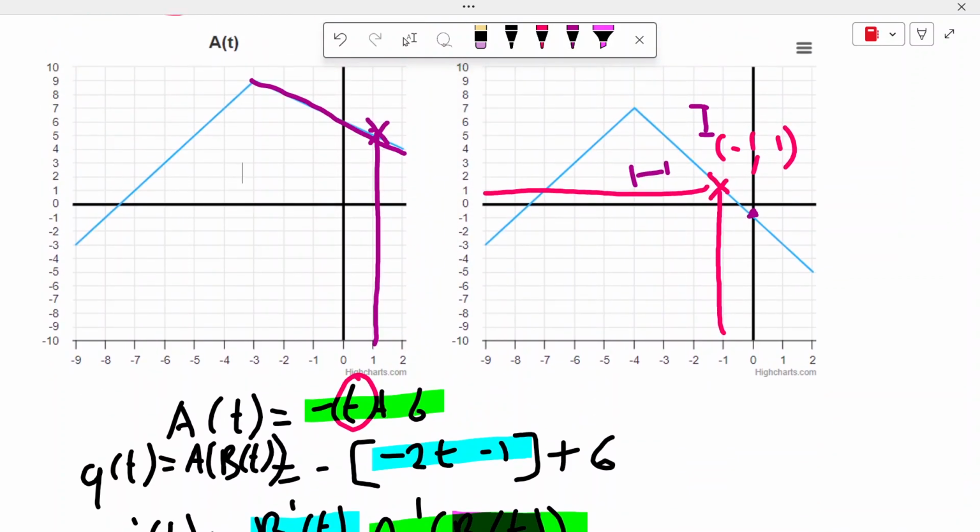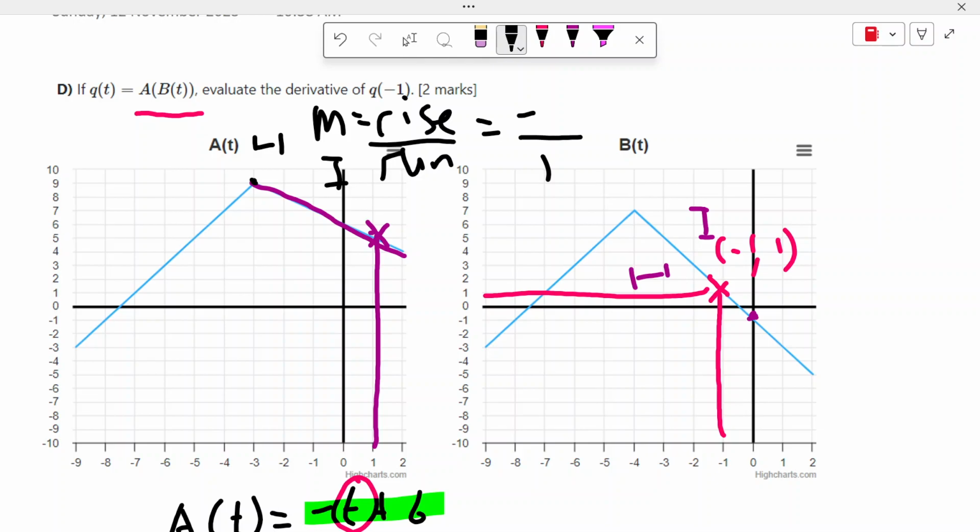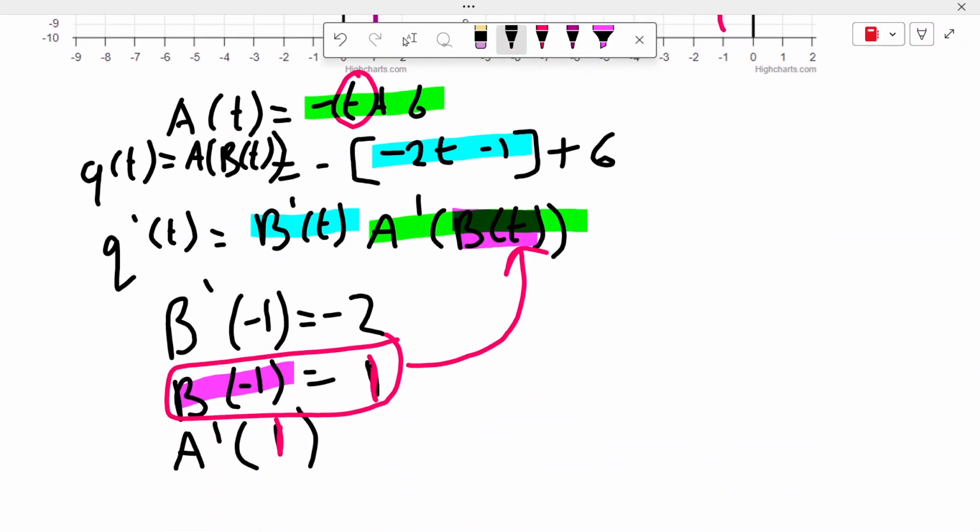All right, and we see that that is -1, okay, because we run along by 1 and we drop by 1. So our m, which is equal to our rise over our run, is equal to run along by 1, drop by 1, -1. Okay, so we put that in there, get -1.